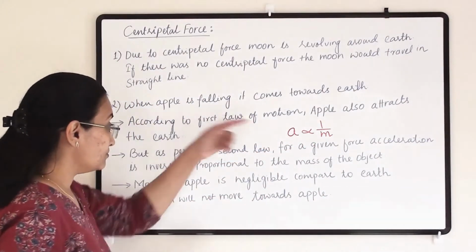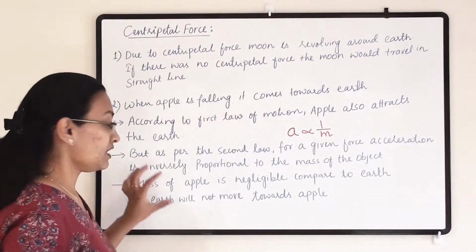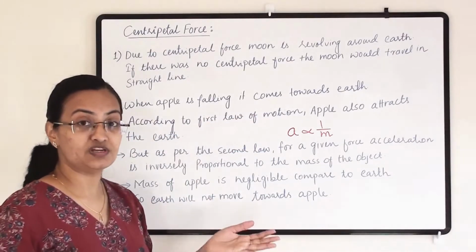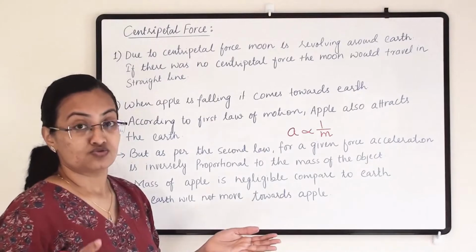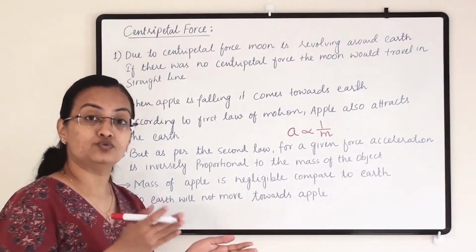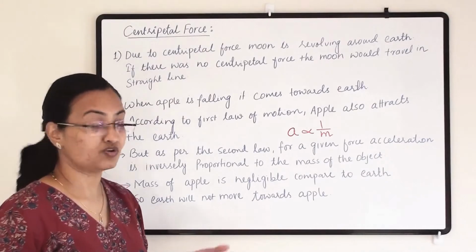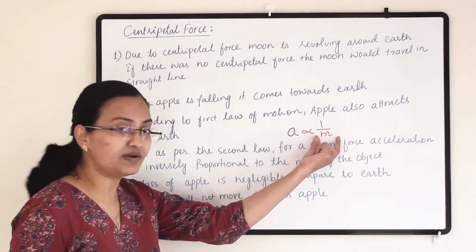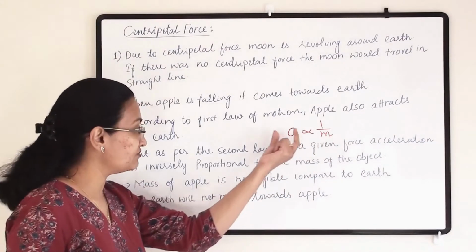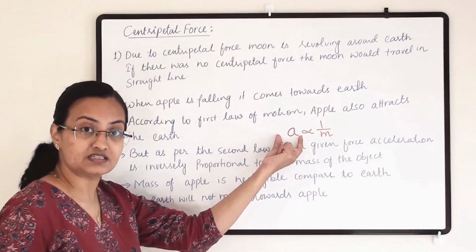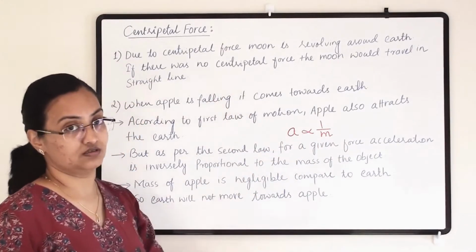Because of this, the apple's mass is negligible compared to the earth. The earth attracts the apple too, but that effect we cannot see because the apple's mass is very small, so its acceleration is large and it goes towards the earth.